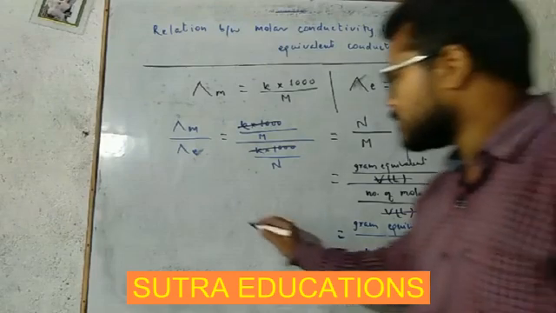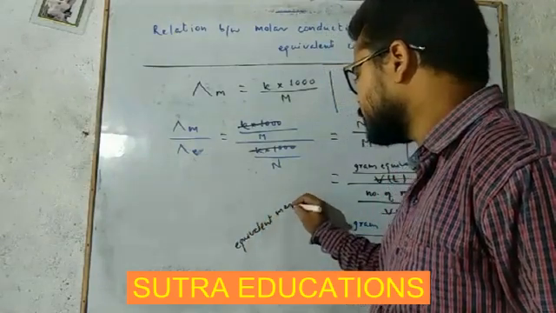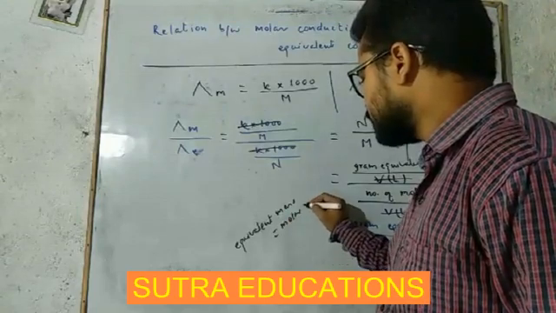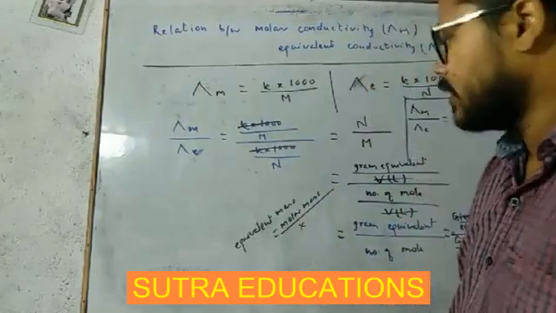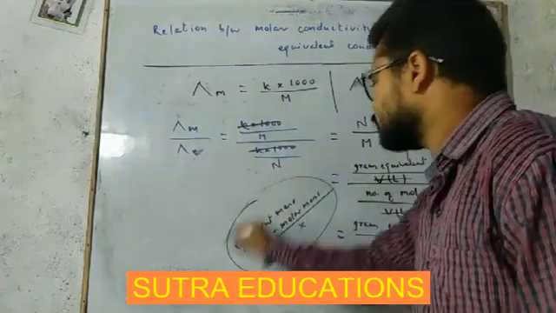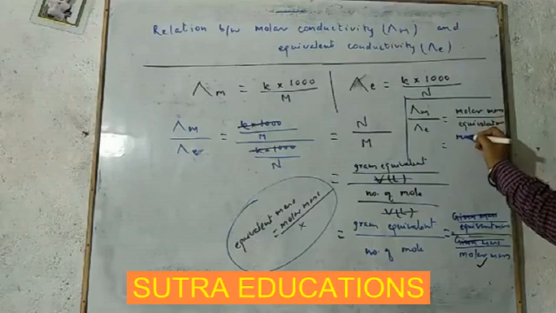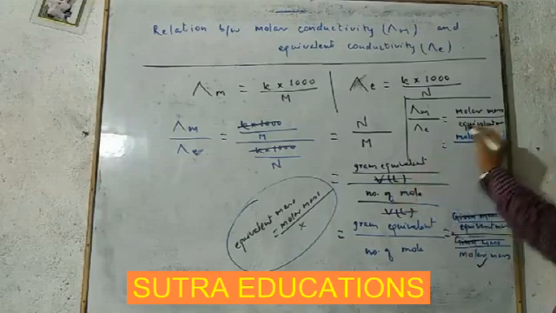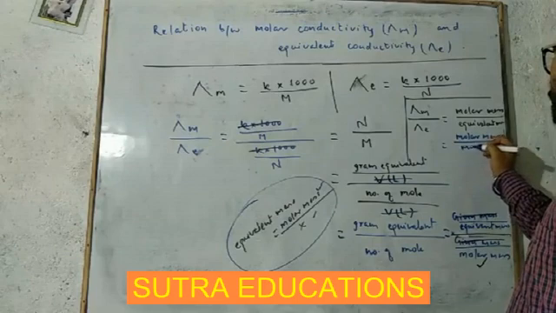What is equivalent mass? Equivalent mass is equal to molar mass upon x. So in place of equivalent mass we can write molar mass upon x.